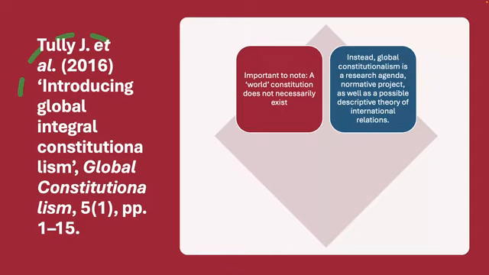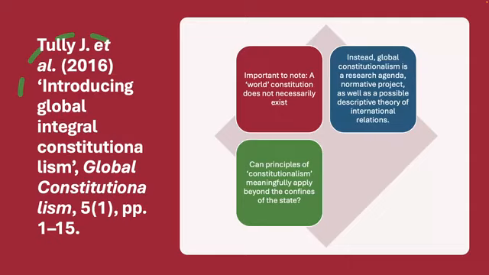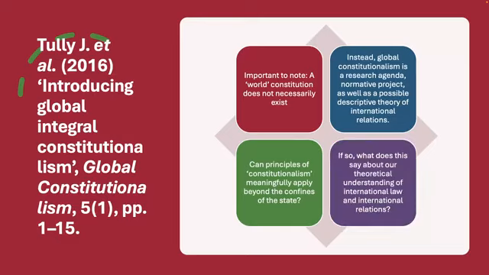It's a possible descriptive theory and normative theory in international relations and international legal scholarship. And so it begs a number of questions. Can principles of constitutionalism meaningfully apply beyond the confines of the state? That's an interesting question. Another interesting question, if it can, what does this say about our theoretical understanding of both international law and international relations?